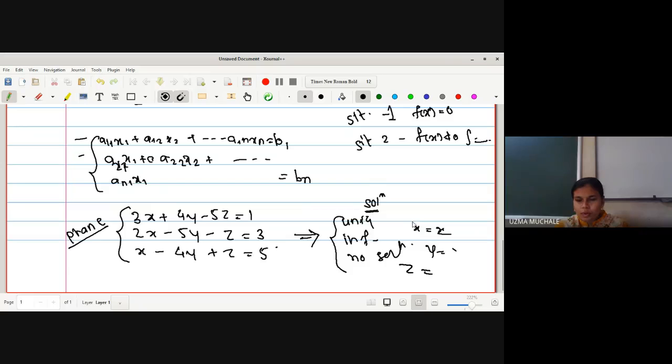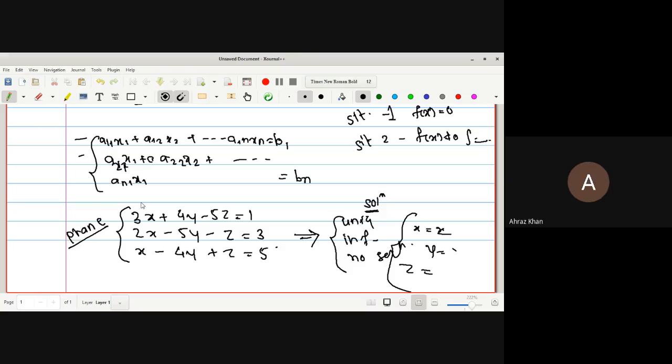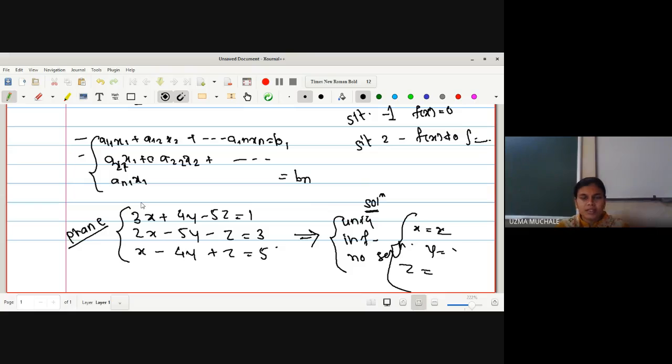Okay. So what do you mean by these solutions? What is the effect of this on the planes? Ma'am, I think it is a region common to all the three planes. Okay, rather than saying a region, we can say a point.